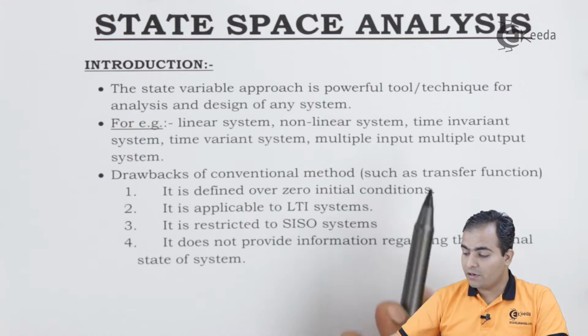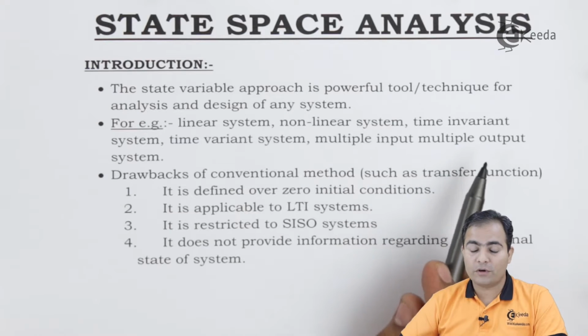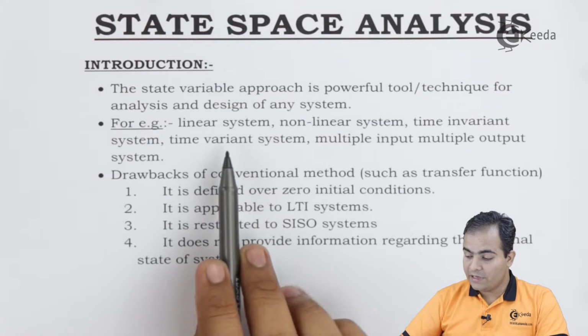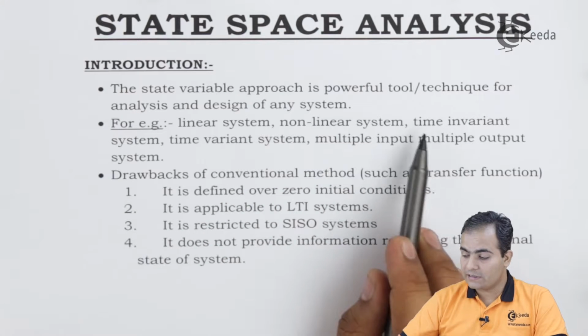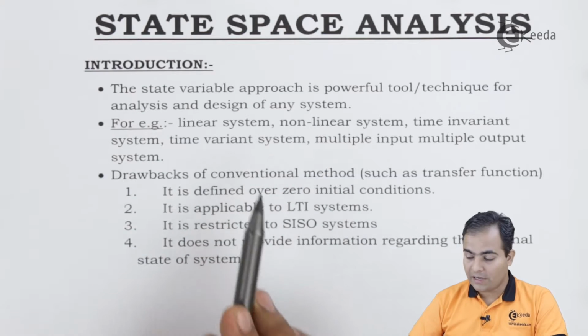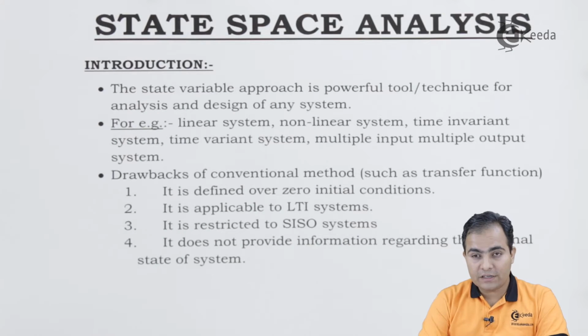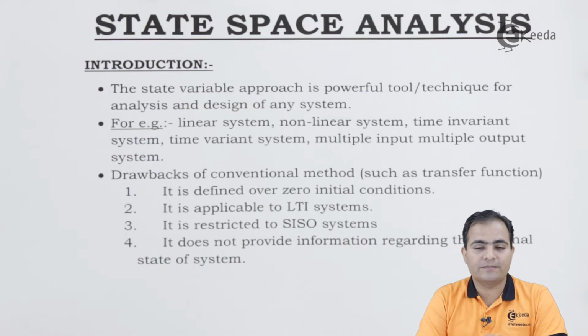Next, we can analyze and design multiple input, multiple output systems. It is applicable for linear as well as non-linear, and time invariant as well as time variant systems. And more importantly, we can solve initial conditions as well as the zero state conditions of the system.